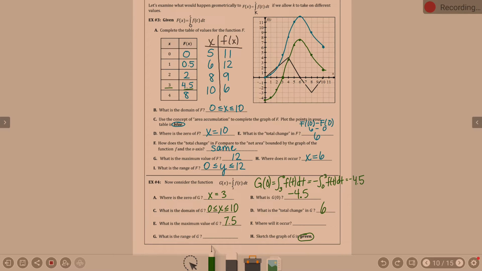Where will it occur? Still at x equals 6. What's the range of G? Negative 4.5 is less than or equal to y, which is less than or equal to 7.5.